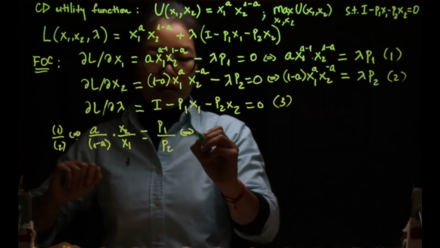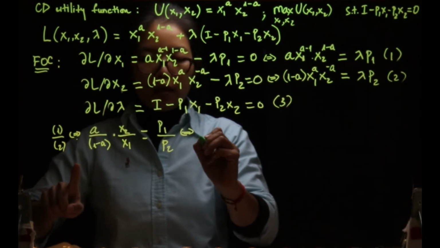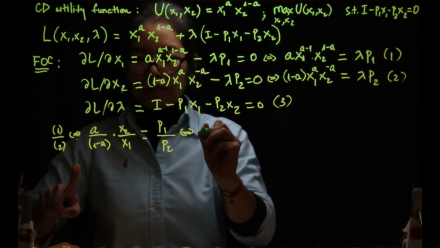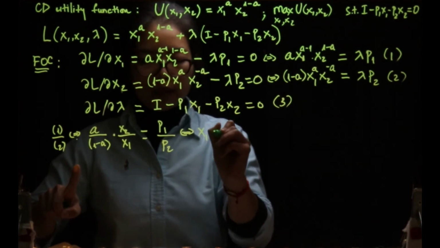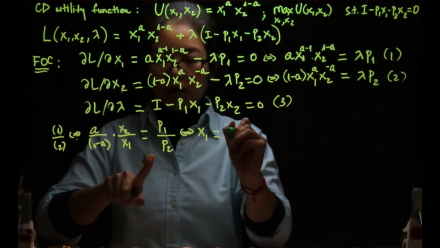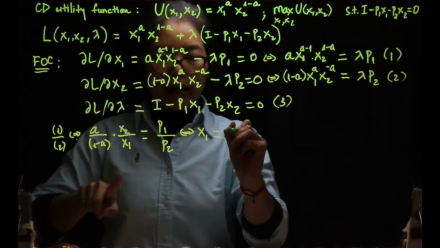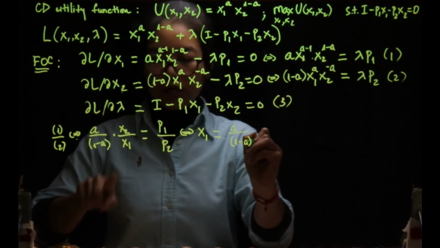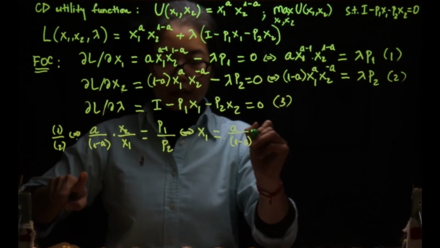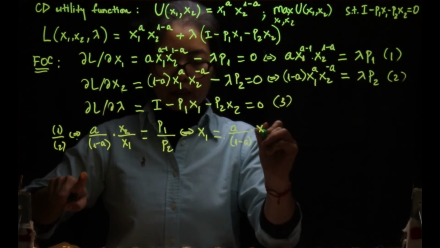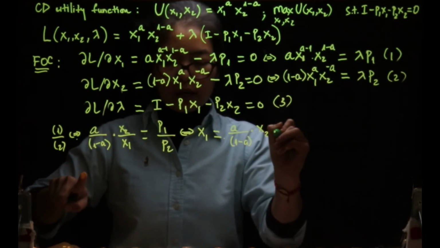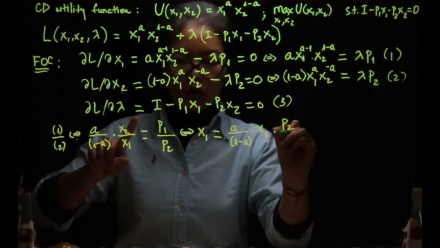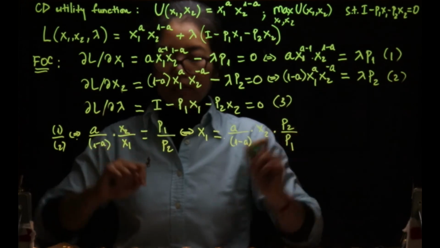For example, x1 equals a over 1 minus a times x2 times p2 over p1.